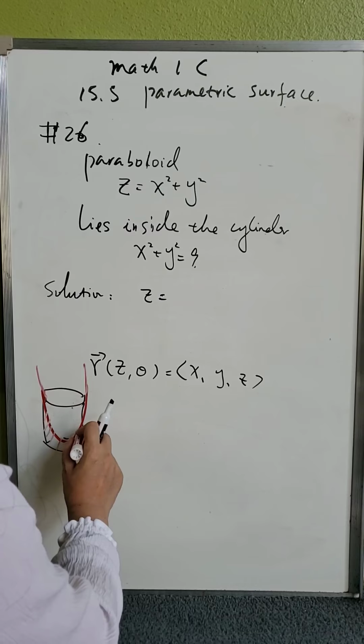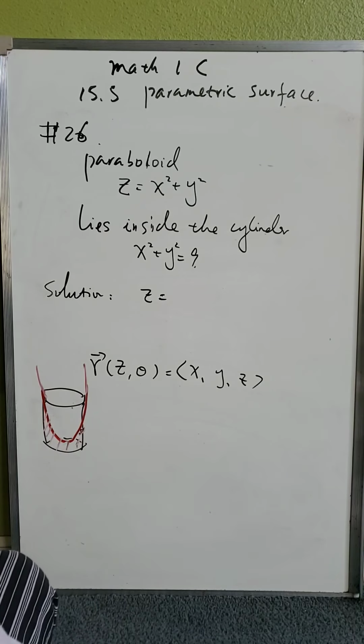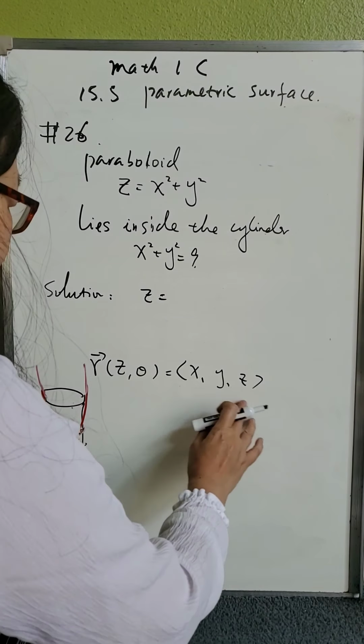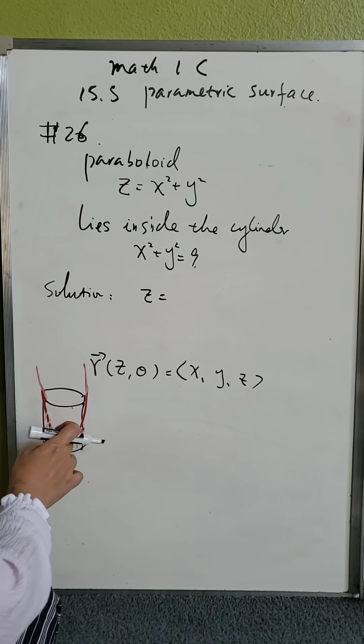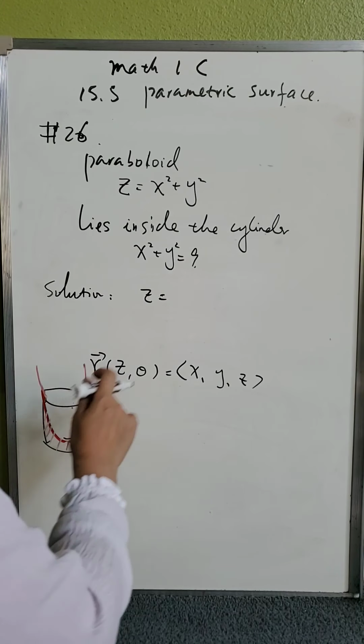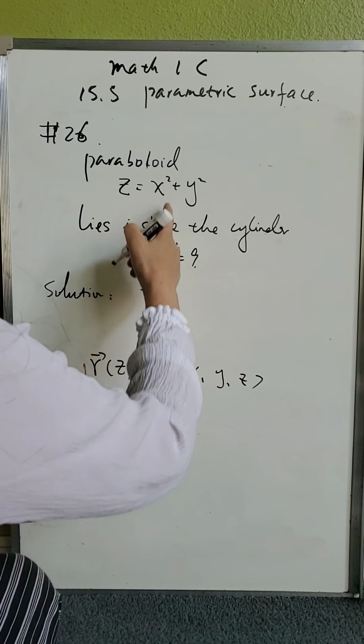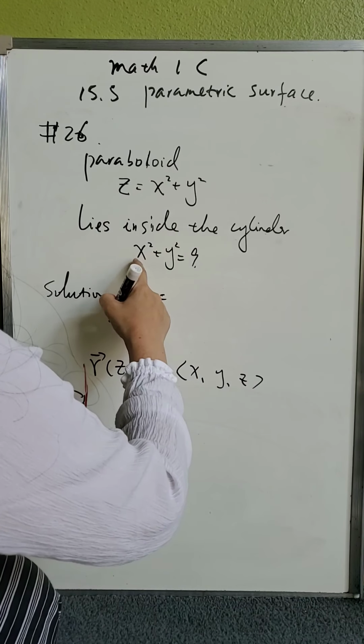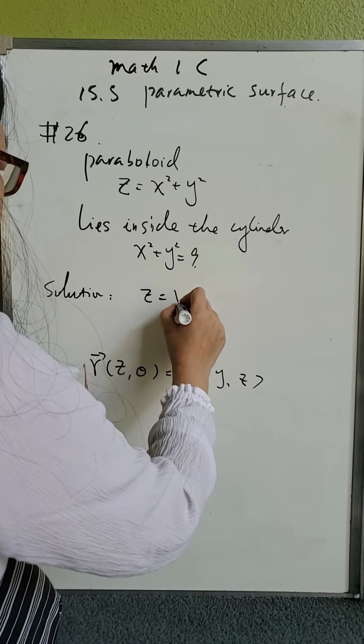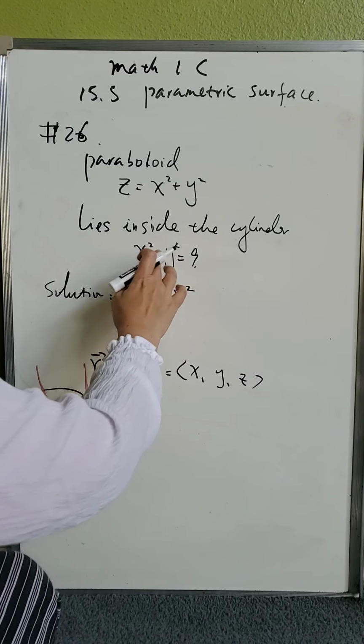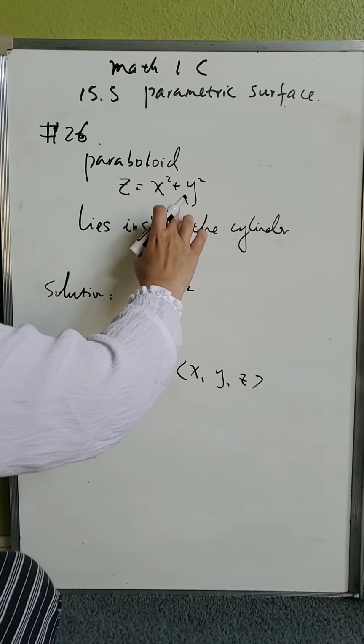They present the surface, this part, okay? So this is the intercept right here. So the intercept is x squared plus y squared, so that equals r squared, is that right?